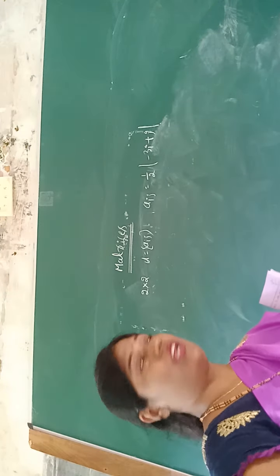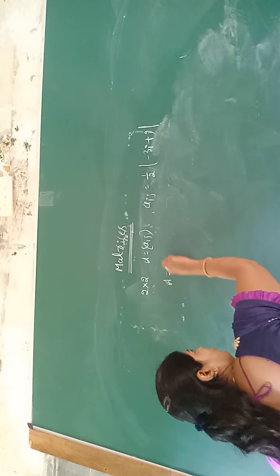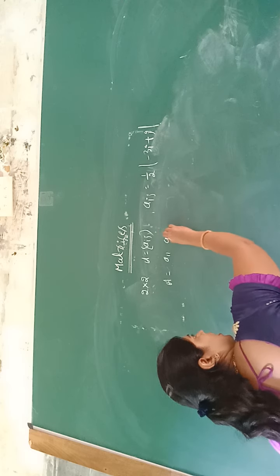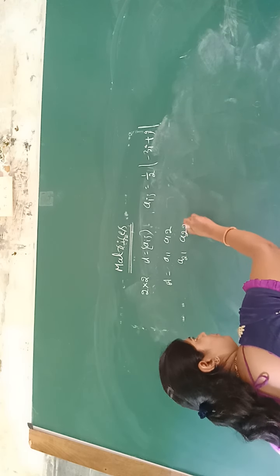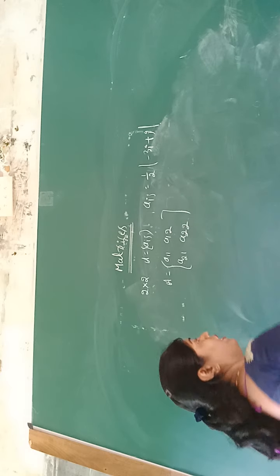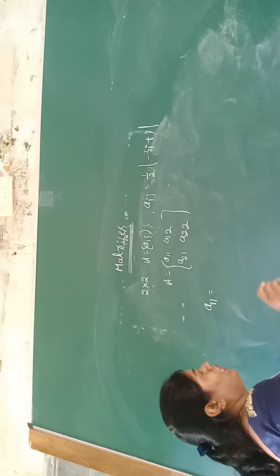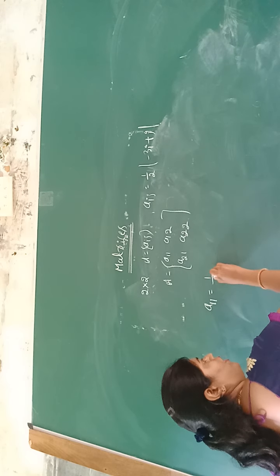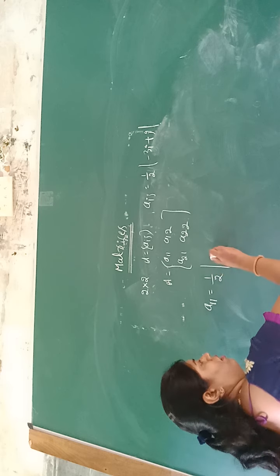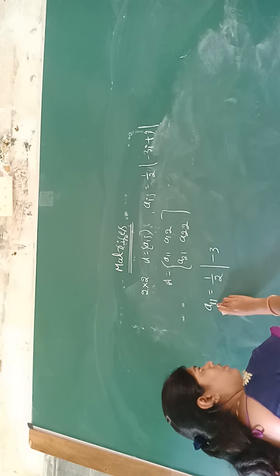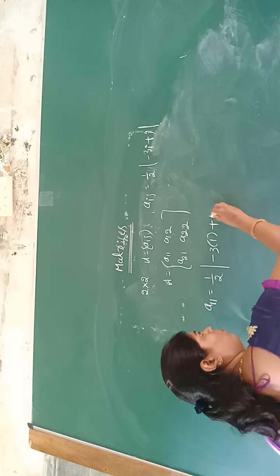We have to construct a 2 cross 2 matrix. We know the general form. What is the general form? A11, A12, A21, A22. First A11, we need to be very careful. The equation is 1 by 2 modulus of minus 3 times I value 1 plus j value 1.